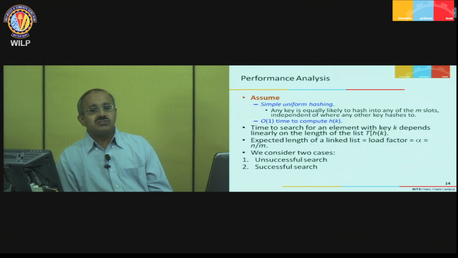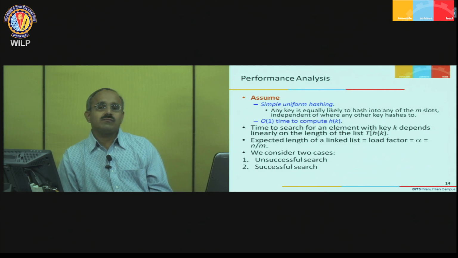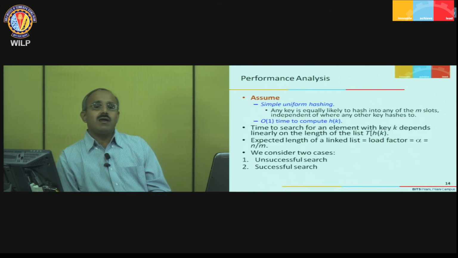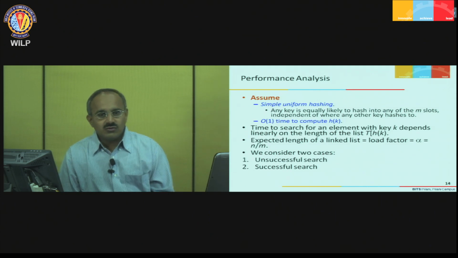T is the table, h(k) is the slot where k is going to be mapped to, and you want to search the list there for the value k. Now, we know the expected length of the linked list is going to be n by m, which is the average length of each list.